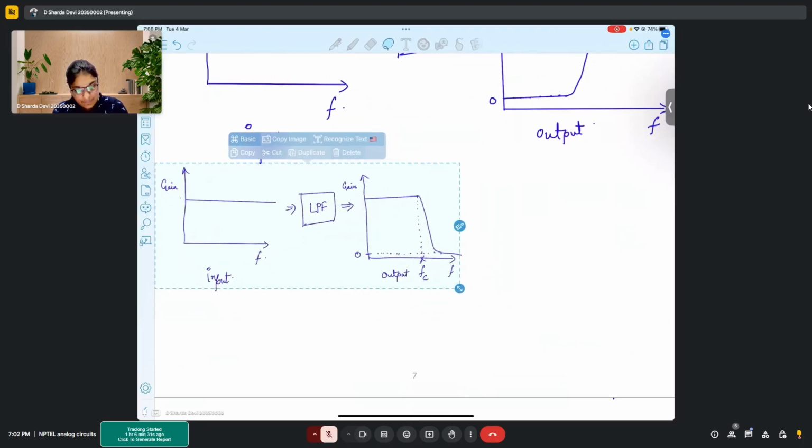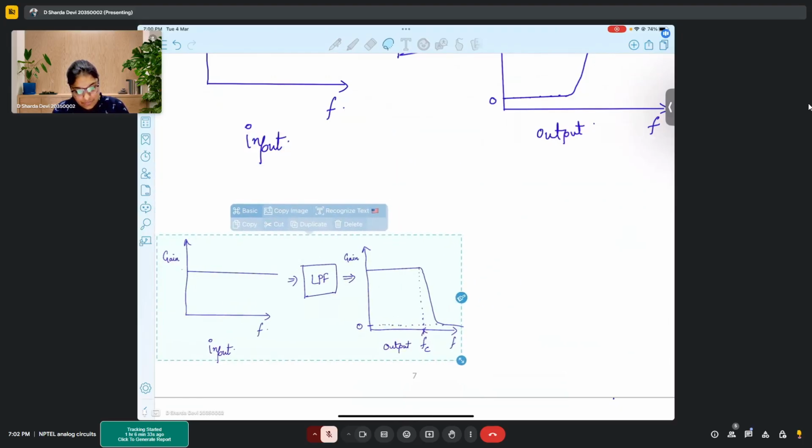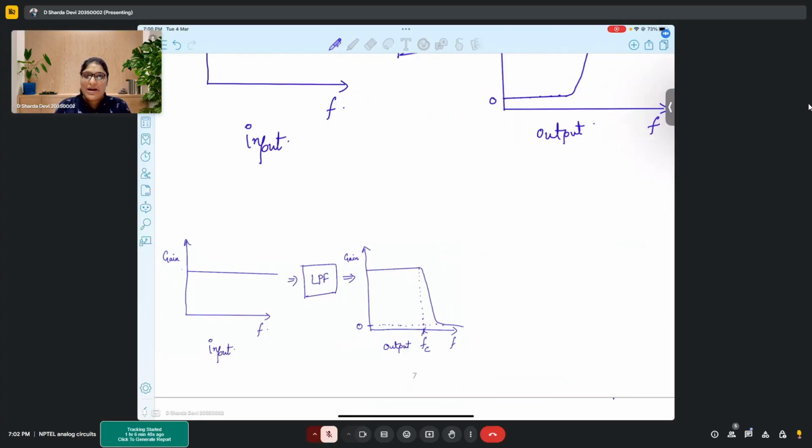So here what we did is, we have all the signals, we passed it through low pass filter, we got this profile, right? Then we will pass it through a high pass filter, correct? Now the cutoff frequency of high pass filter should be larger than that of low pass filter.